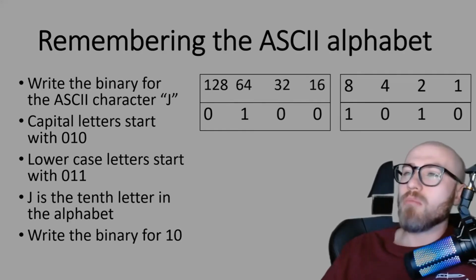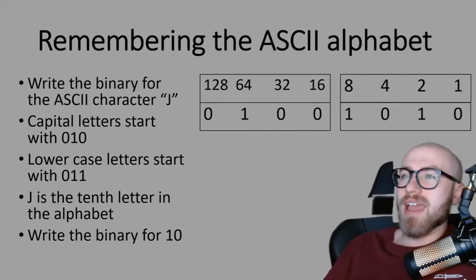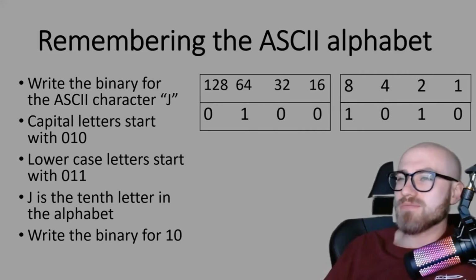So let's do one more example. So if we were going to convert the lowercase character P, for example, we would first need to count out how many letters in the letter P is. So A, B, C, D, E, F, G, H, I, J, K, L, M, N, O, P. So it's the 16th letter in the alphabet, and we said we're going to do a lowercase letter.